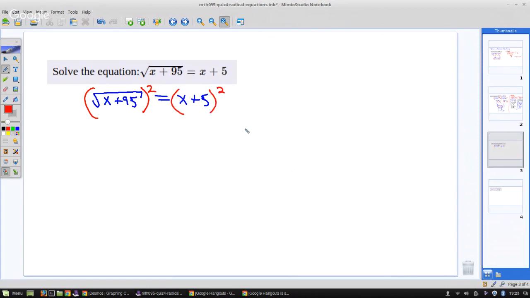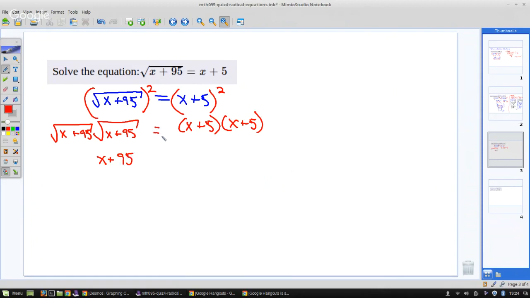On this side, it's not so nice because I really do have to think about this as x plus 5 times x plus 5. On the other side, you could write it as the square root times the square root, but that's kind of irrelevant because when you multiply a square root by itself, the root cancels. So the left side is just x plus 95.